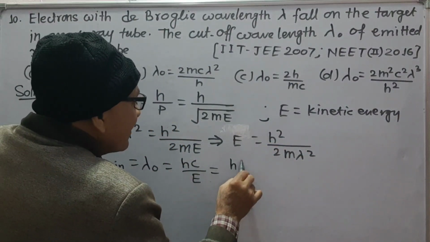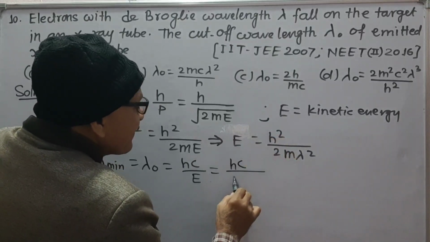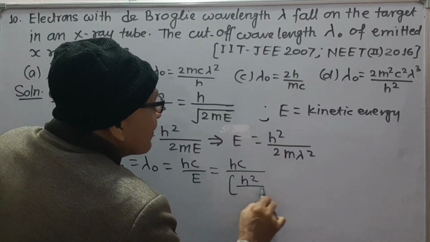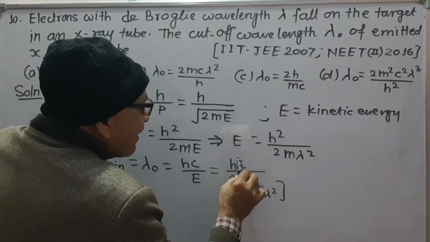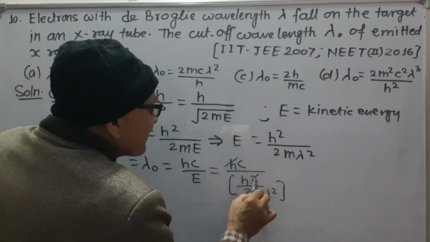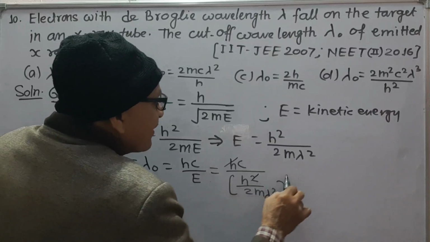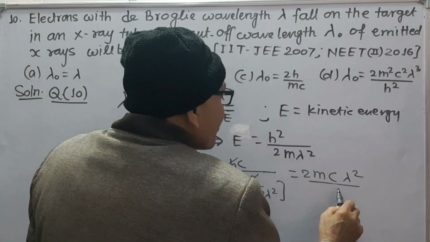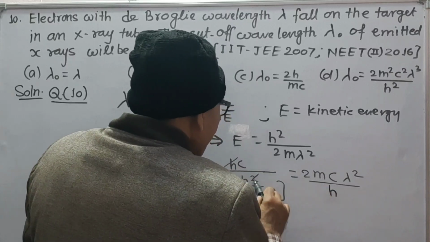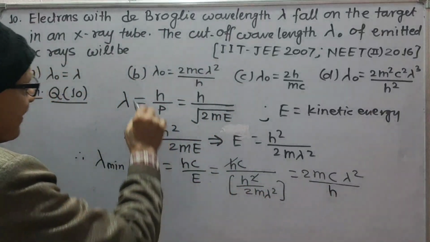So it will be hc upon h square upon 2 m lambda square. h cancels h, giving h. So we get 2 m c lambda square upon h. So the correct option is B.